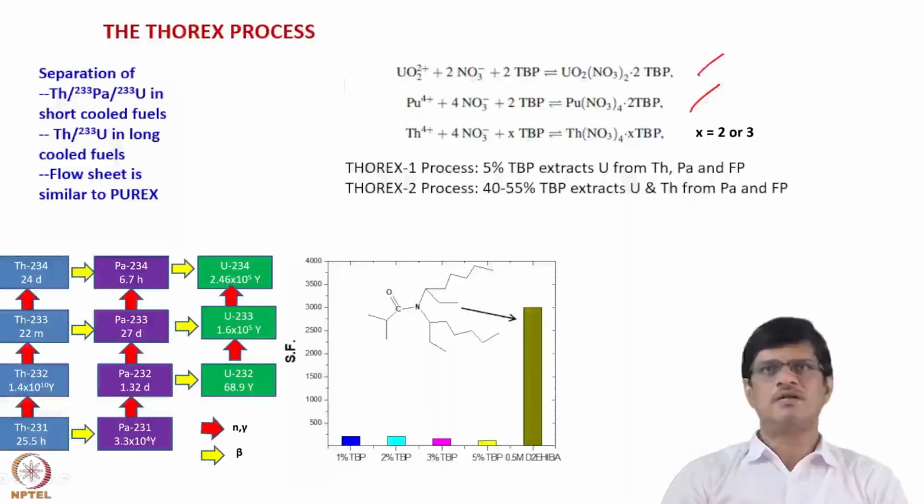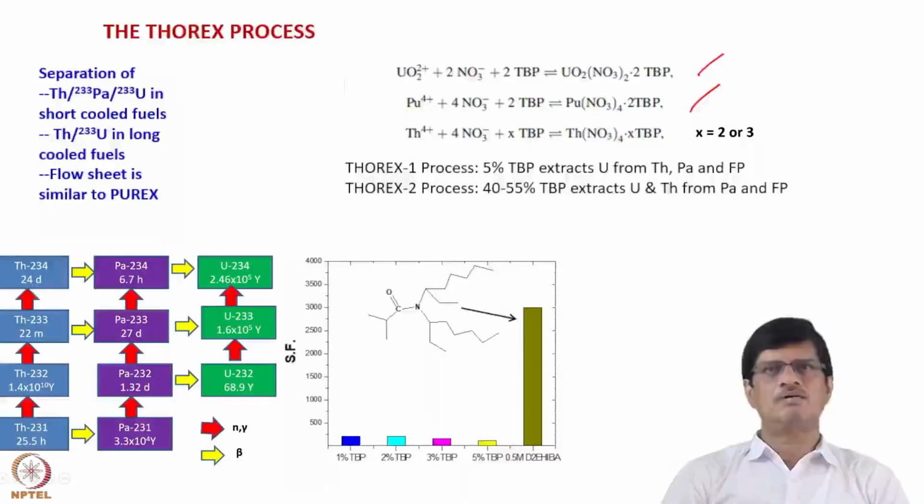This extraction is not the same as that of plutonium; more TBP molecules are required because thorium has lower ionic potential, so the complex formation is relatively lower compared to that of plutonium 4 plus. That is why more TBP molecules are required to form the organophilic complex.